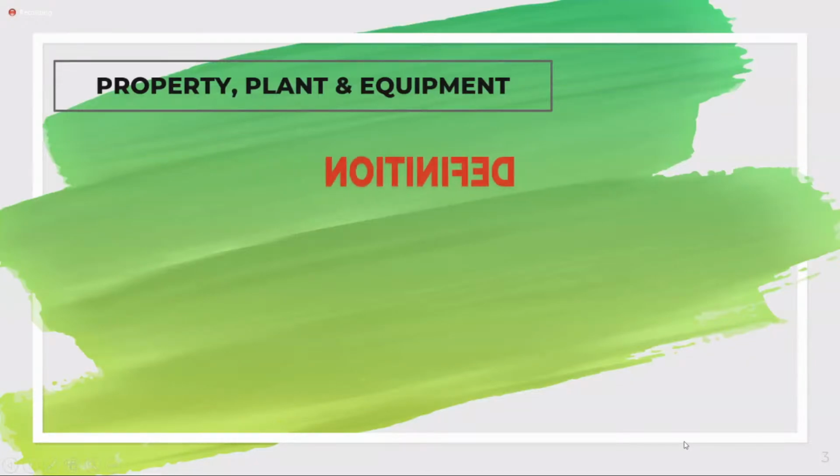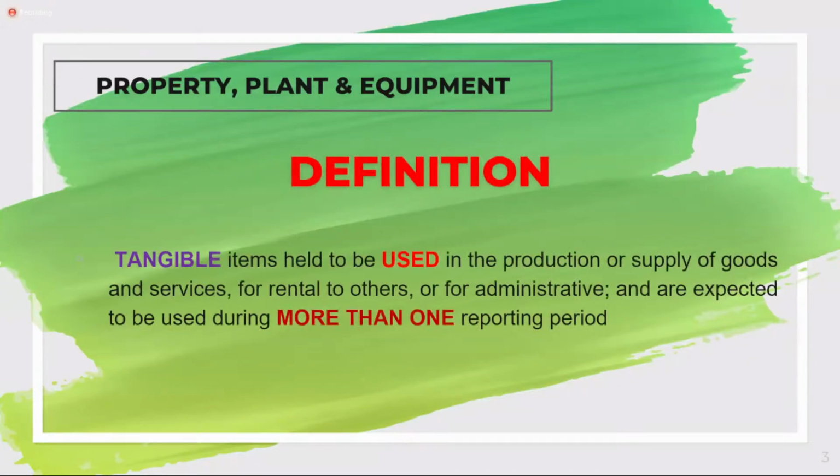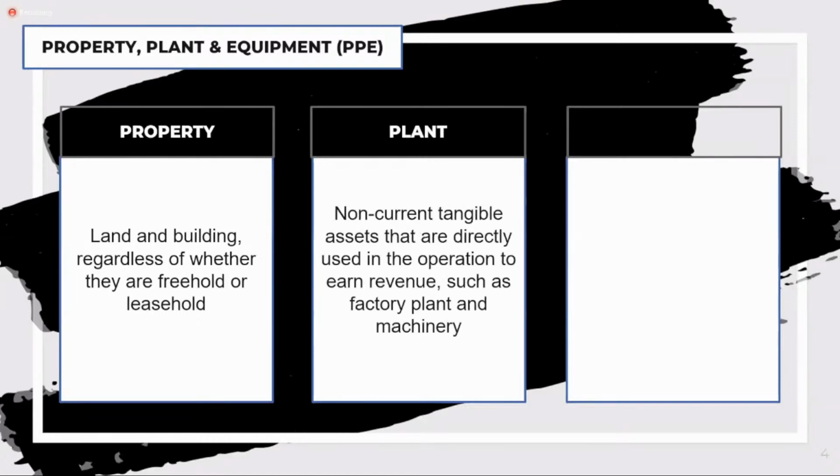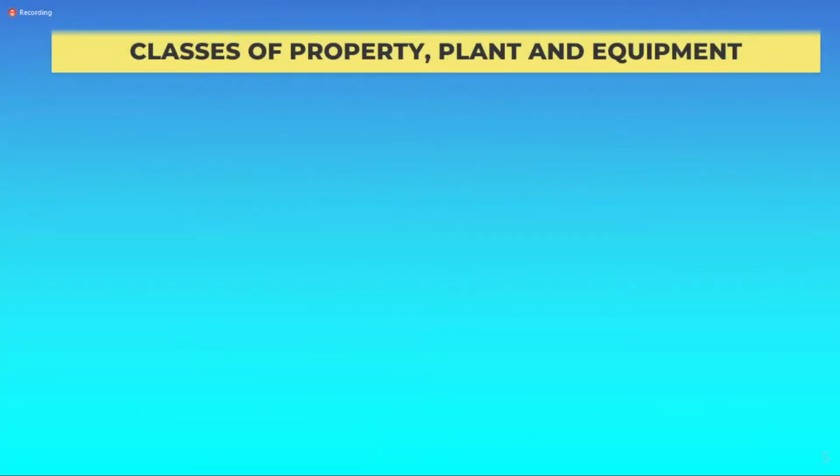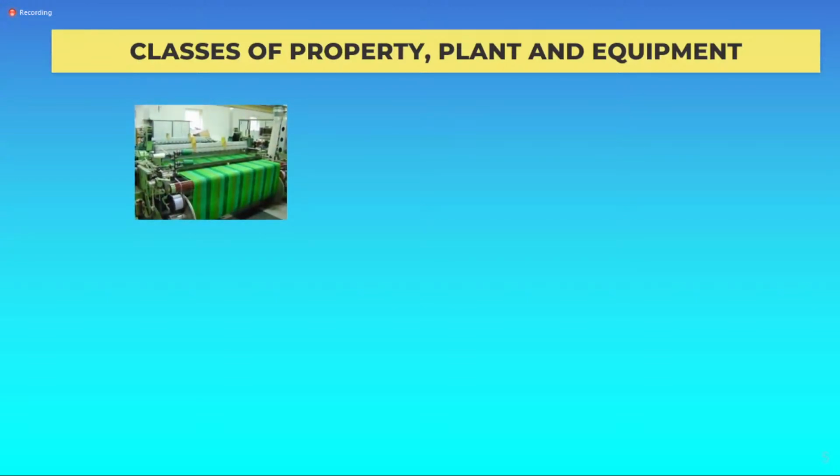First is the definition. Next, the types of property, plant and equipment, and the classes of property, plant and equipment.